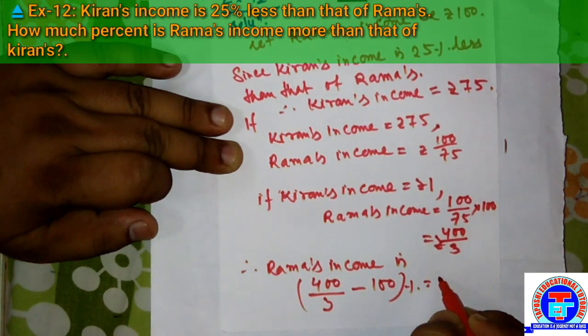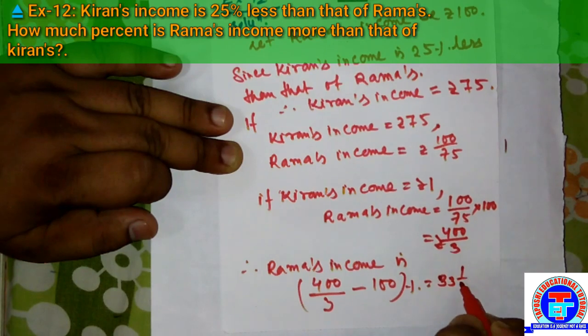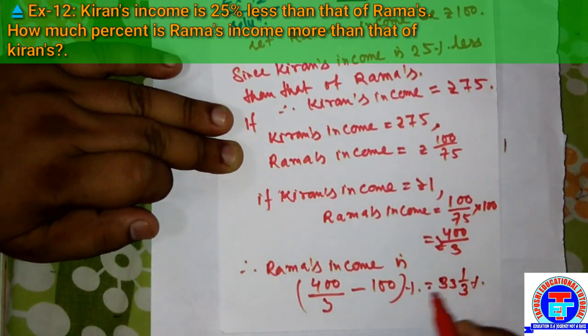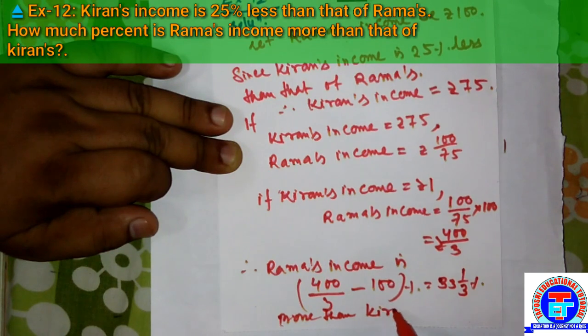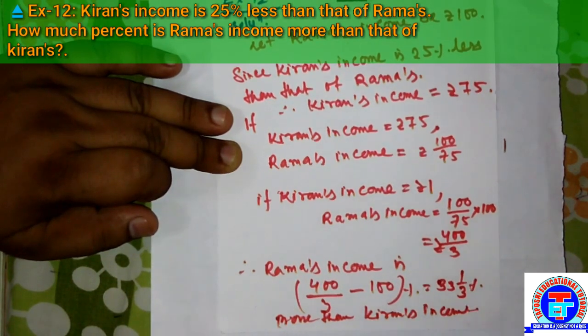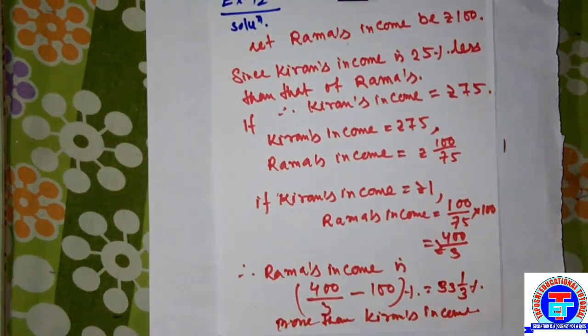That means it will become 33 1 by 3 percentage more than Kiran's income. Okay, I hope student you clearly understand.